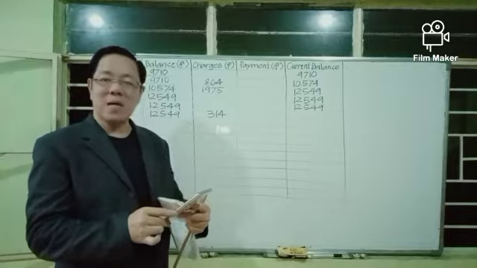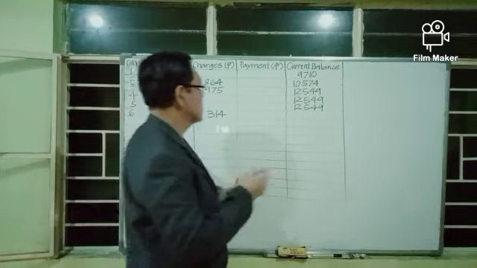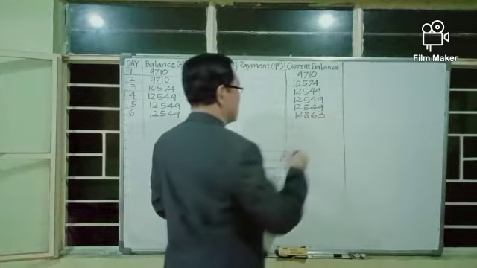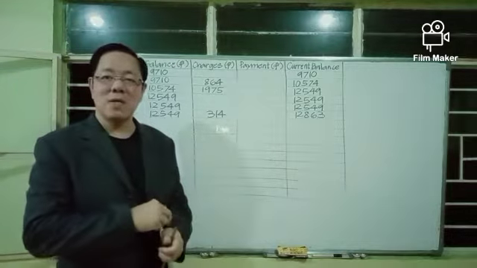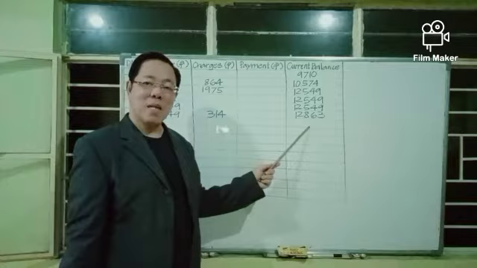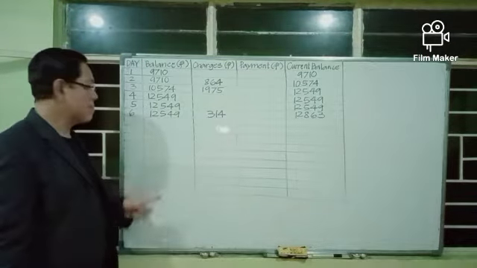And you should get 12,863 pesos. This amount of 12,863 pesos at the end of November 6 would be the balance on the credit card of Ninya at the beginning of November 7.